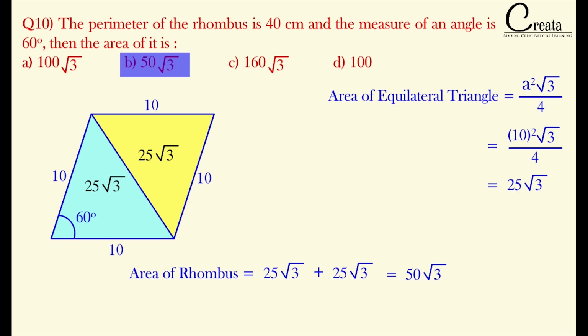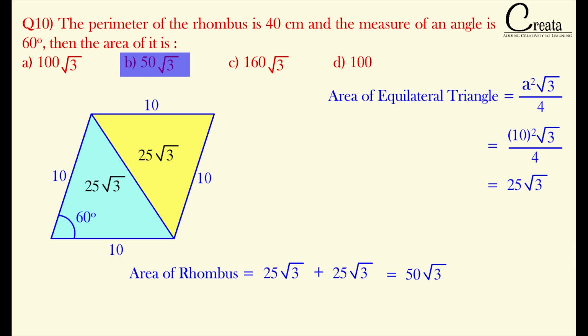Okay, got it? So let's see the various fundamentals that we have used to solve this question. The fundamental that we have used is the property of the rhombus. That is, all the 4 sides of a rhombus are equal. And the definition of a perimeter, that is, perimeter is the total length of the boundary of the figure.